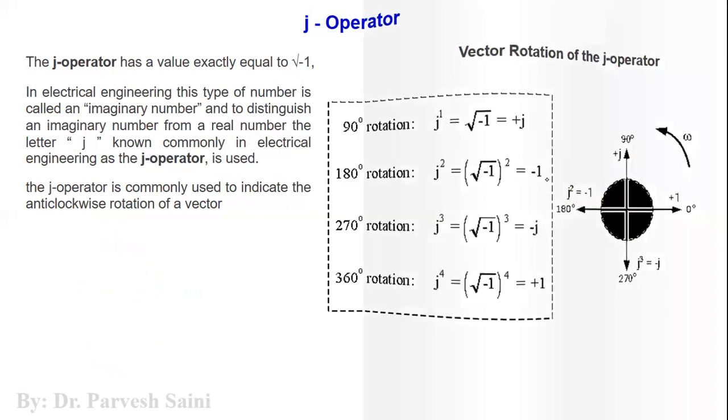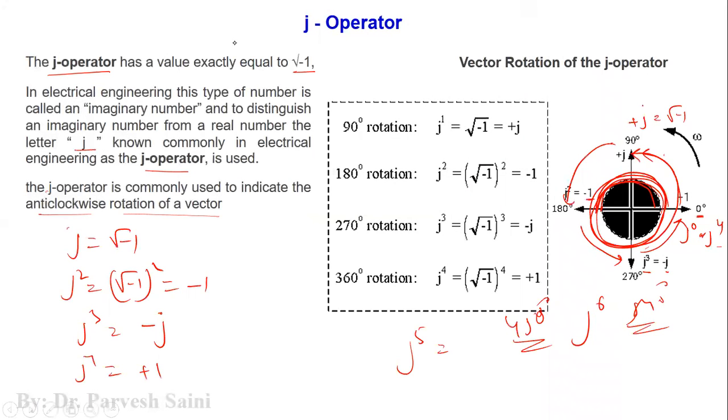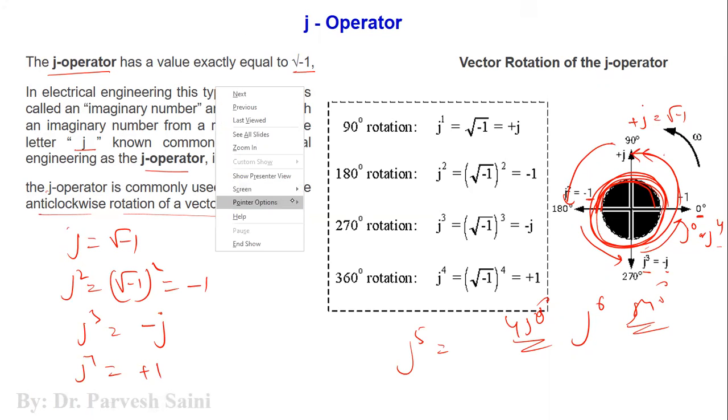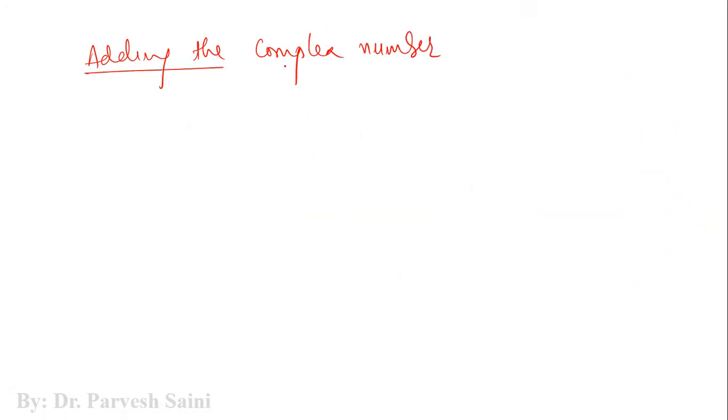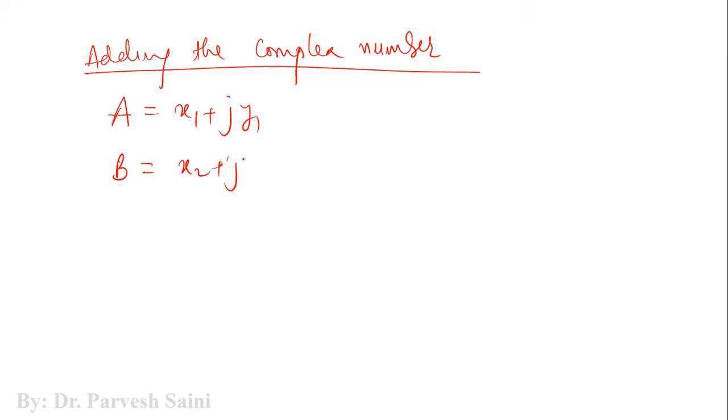Now, how do we add complex numbers? Adding complex numbers: if you have a quantity A which is x1 plus jy1, and another phasor which is x2 plus jy2, and you want to add these two phasors or complex numbers, the real part will be added with the real part.